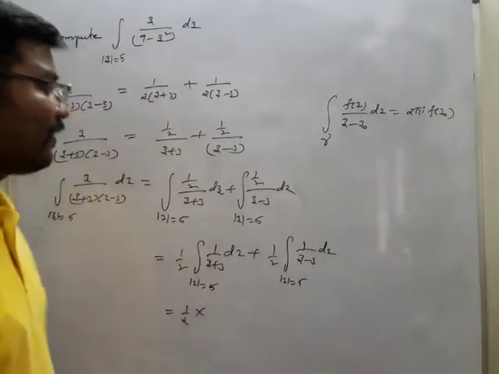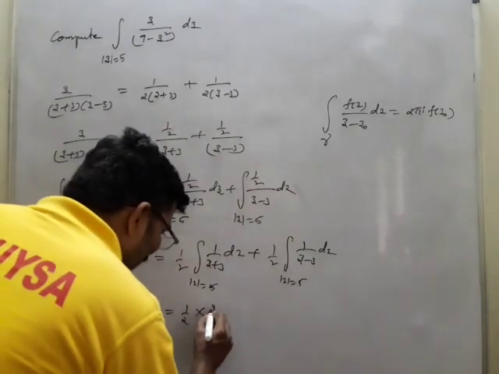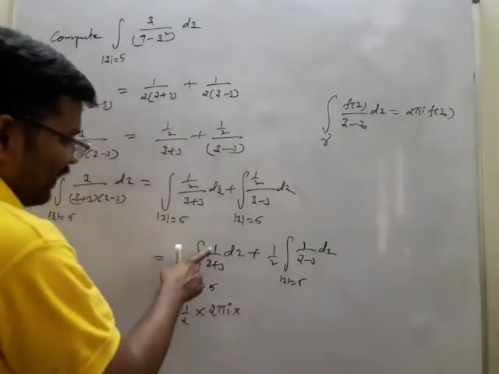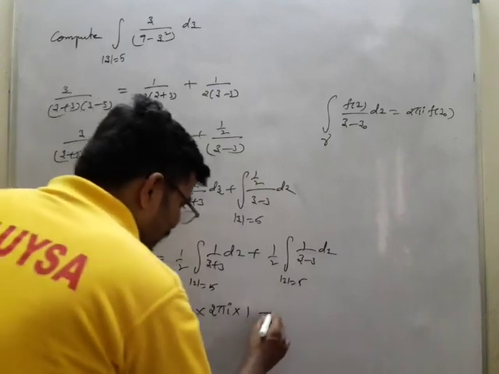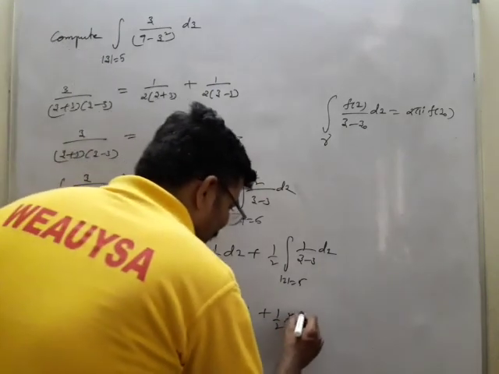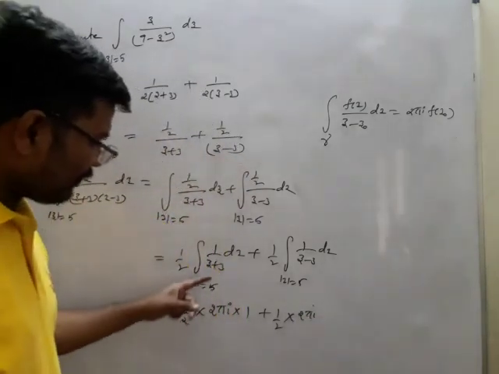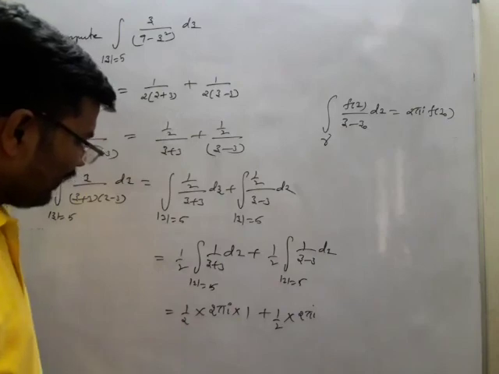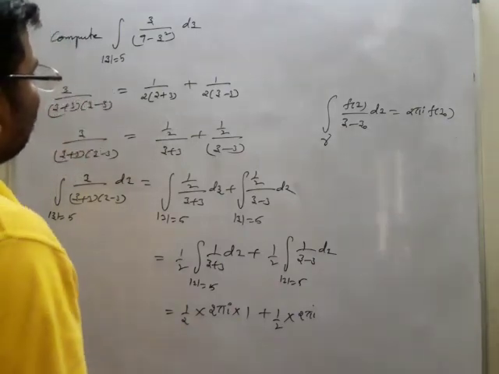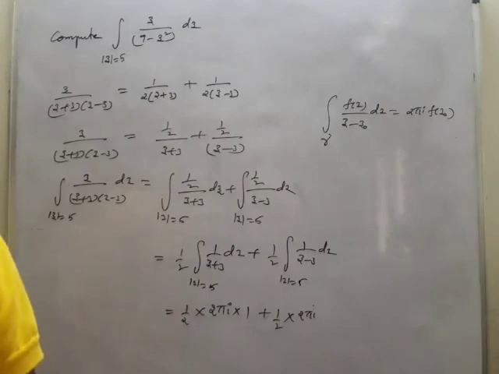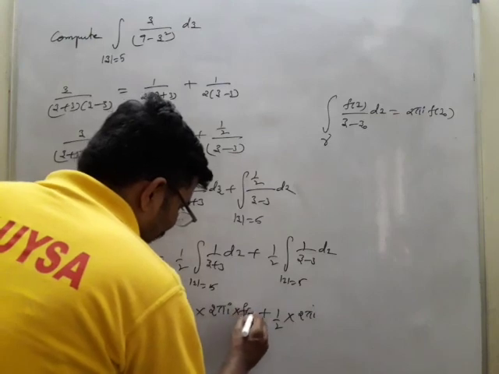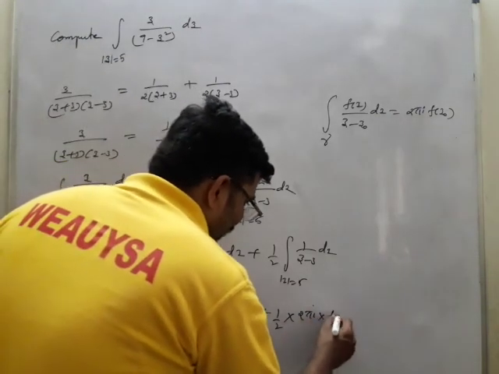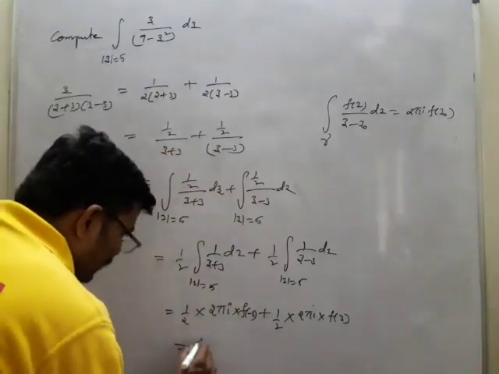Now 2 pi i into f of z naught. F of z naught is nothing but 1. So it is 1 by 2 into 2 pi i into f of minus 3, plus 1 by 2 into 2 pi i into f of 3.